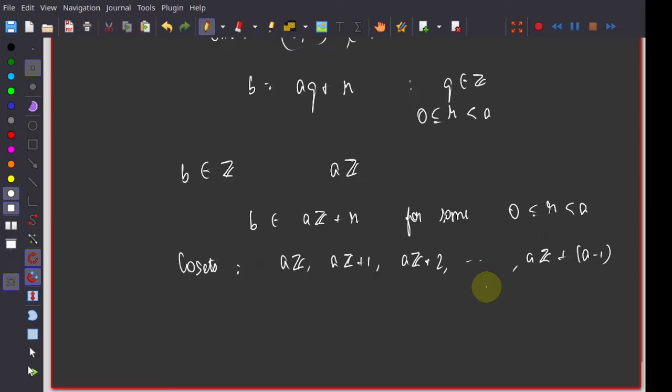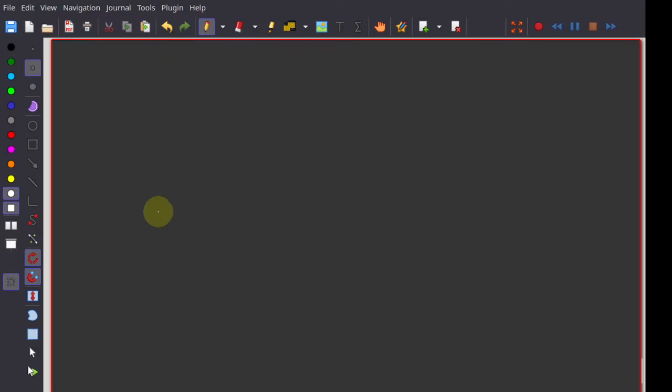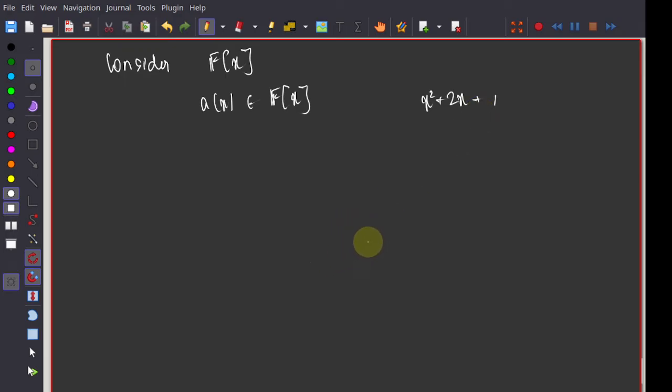So now, given any ring, take any ring. For example, consider the set of all polynomials. And take some polynomial, maybe it is x square plus 2x plus 1. And now look at the set of all multiples of x square plus 2x plus 1.